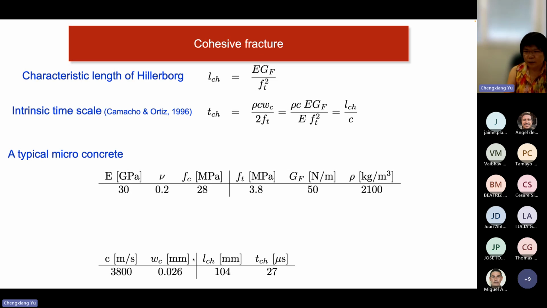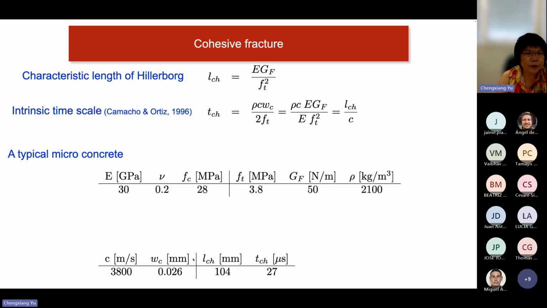It gives us an idea for numerical modeling, where the mesh size should be able to resolve this length, normally 1/10 or smaller.